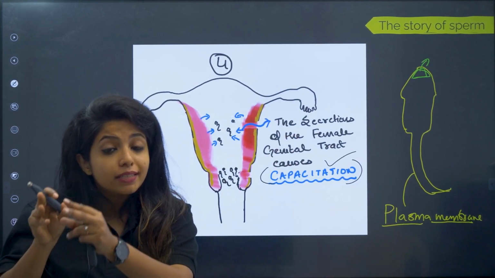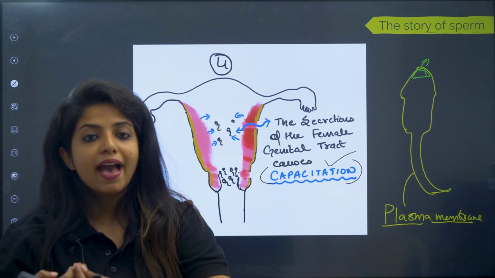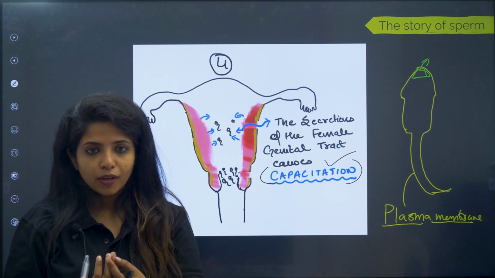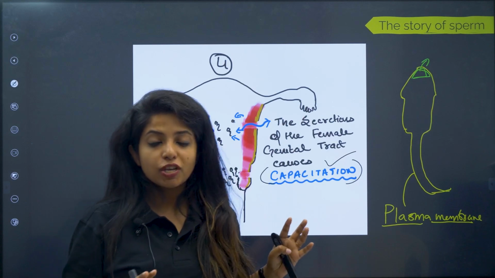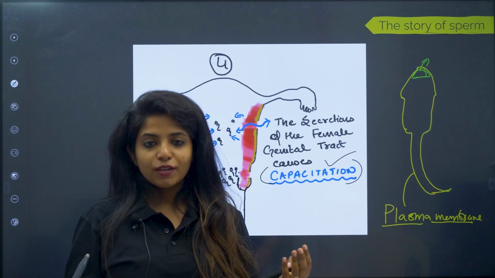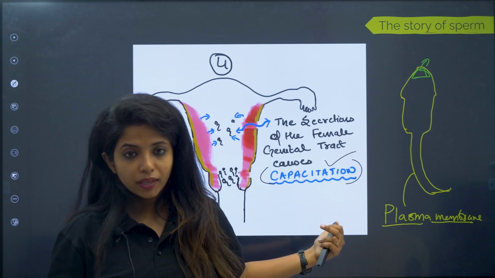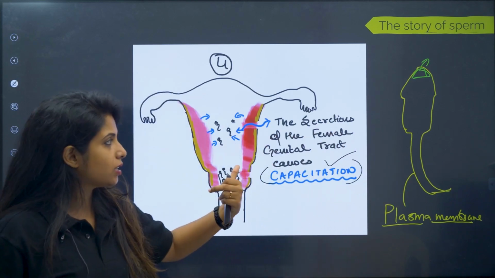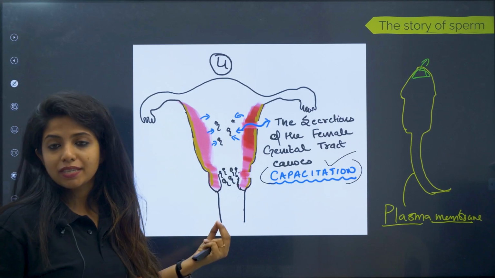And when it releases its enzymes, it can penetrate through the ovum and help fertilization occur. Now, if there is a very tough plasma membrane, can the acrosome do its reaction properly? Obviously not. So this is one reason why we need capacitation of the sperm. And who makes it occur? Basically the secretions of the female genital tract cause the capacitation.